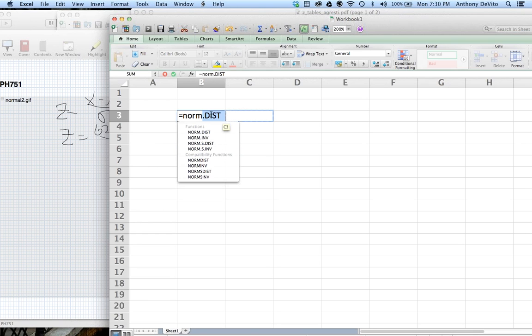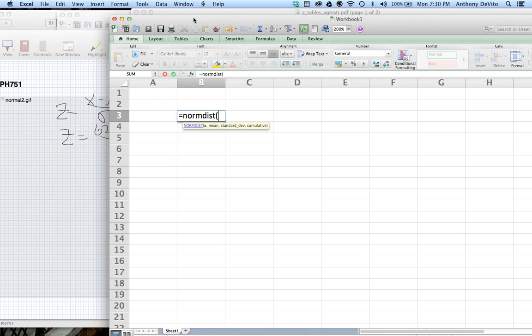You can use NORM.DIST or you can use NORMDIST. I'm going to put parentheses in, and it's going to ask me for x, the mean, the standard deviation, then it asks something cumulative. We'll get to that in a second.